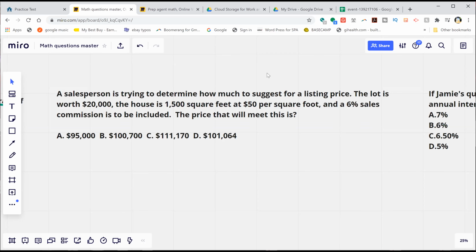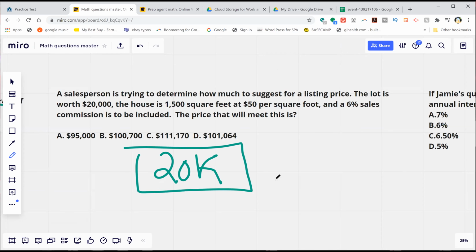So we're looking for the total sales price because here's the thing. There's a lot of different components that are going to go into the sale price. So here's what we have. You ready? First and foremost, we have the lot at $20,000, right? So that has to be included in the sales price.